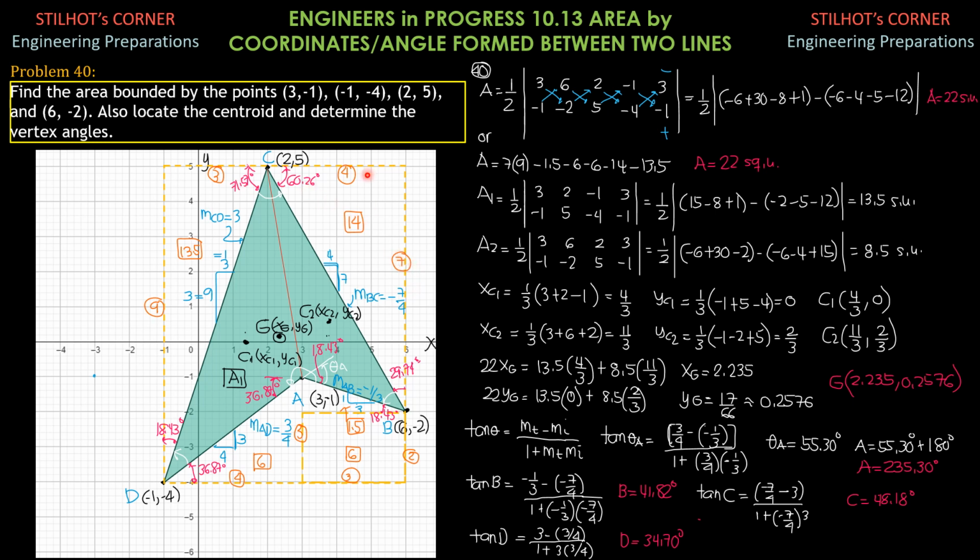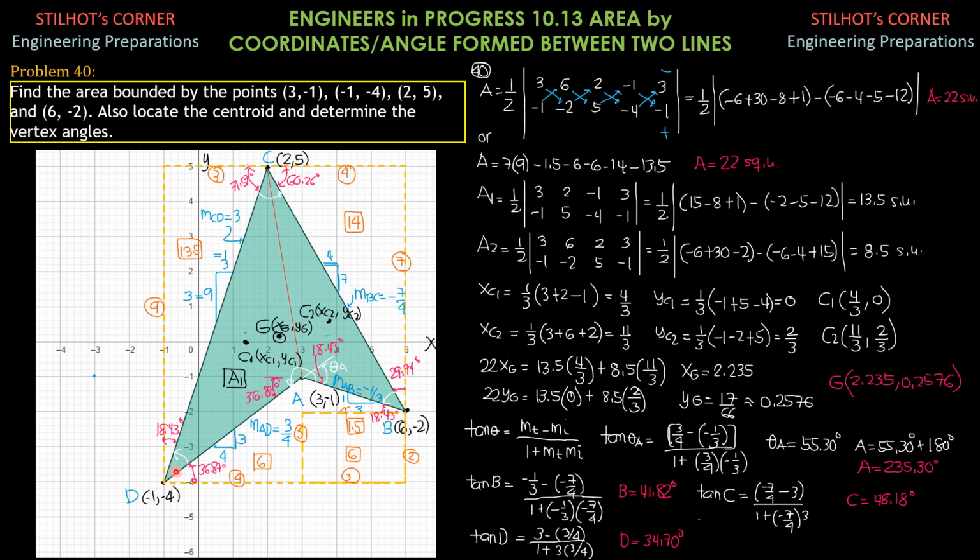Inverse tangent of 7/4 is 60.26 degrees, while inverse tangent of 9/3, which is inverse tangent of 3, is 71.57 degrees. So this angle is 180 degrees minus 60.26 degrees minus 71.57 degrees. I'm not presenting it here, but I'm just mentioning it. You will arrive at the same angle C of 48.18 degrees.